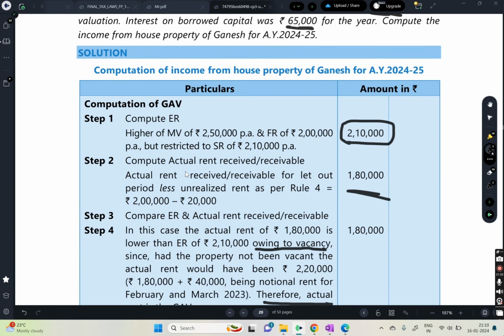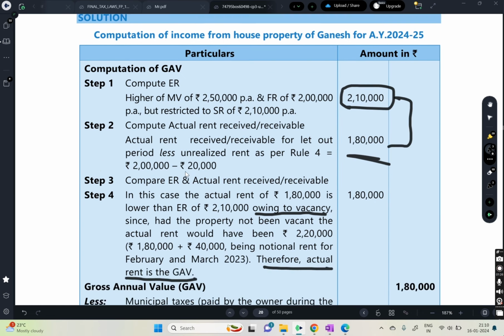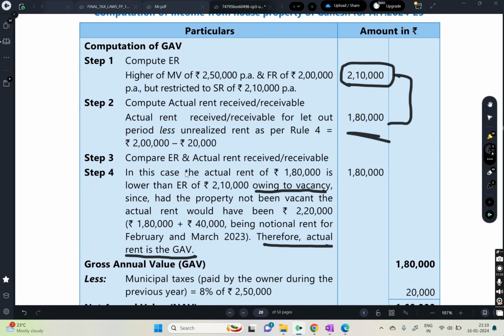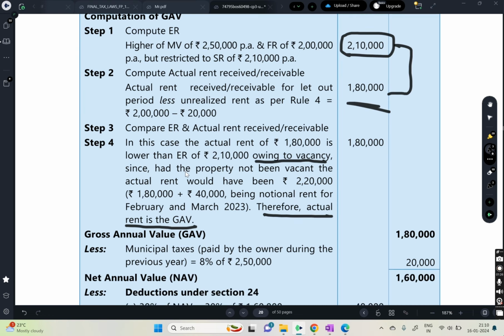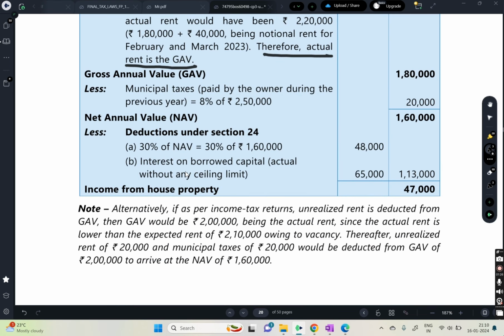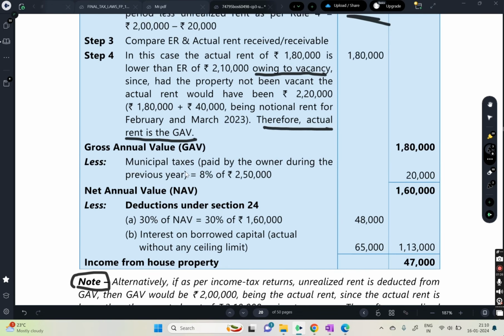Then we will take whichever is higher, right? Yes, higher. Now they have done it in two ways. You can do it this way also, or that way also.